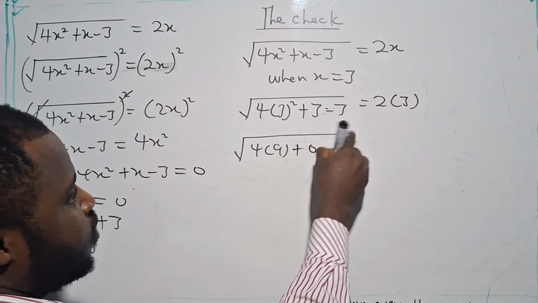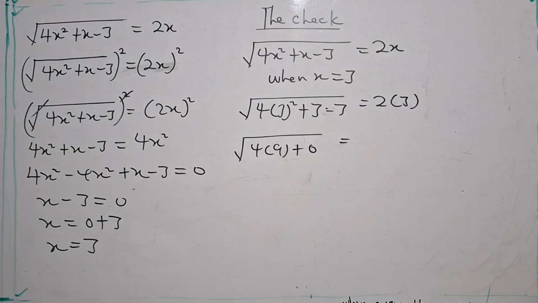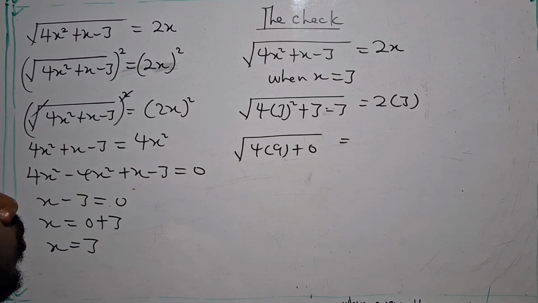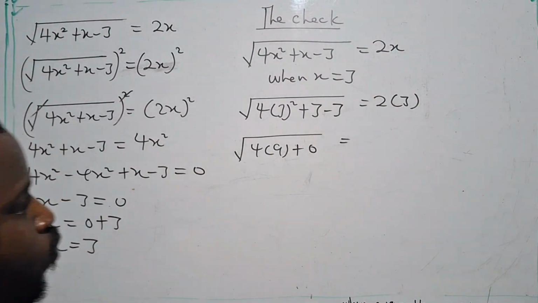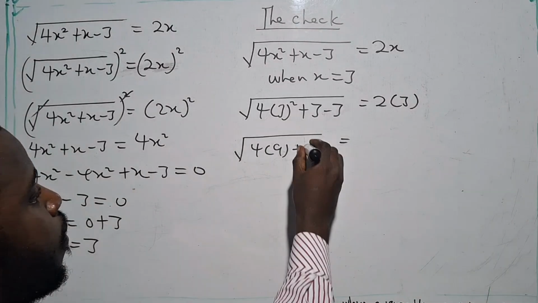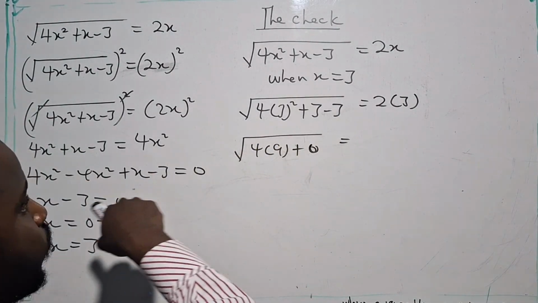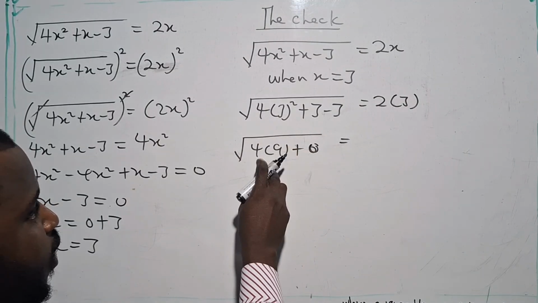Okay, let me write plus 0. So the 4x squared has given us 4 times 9.